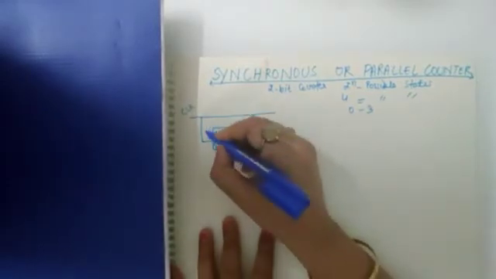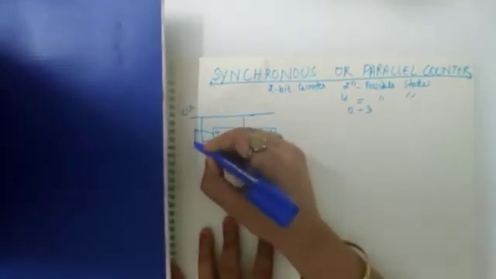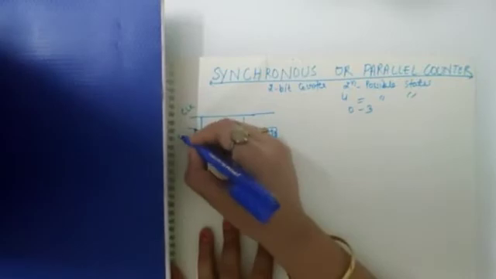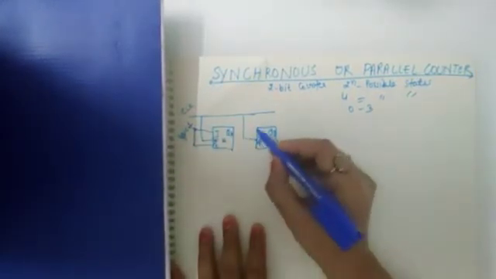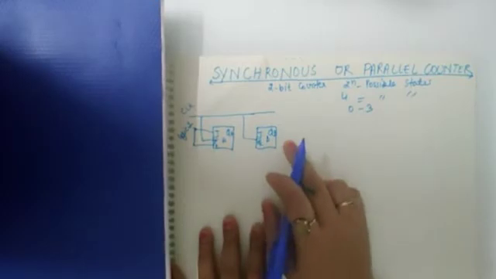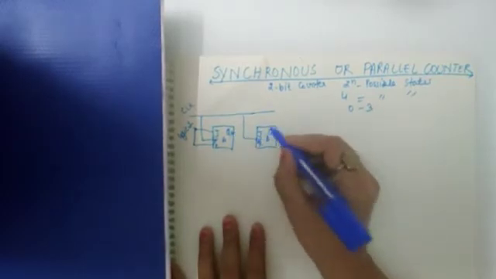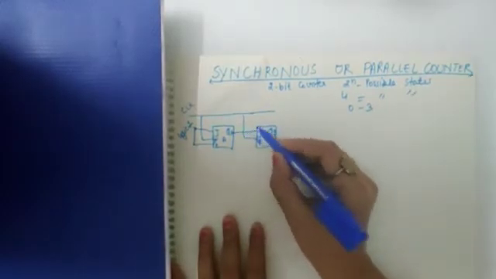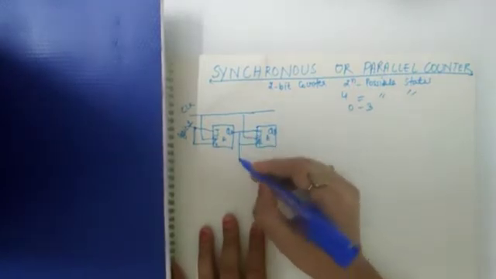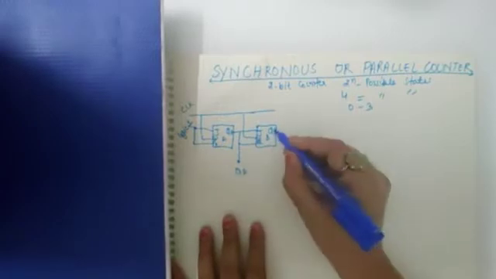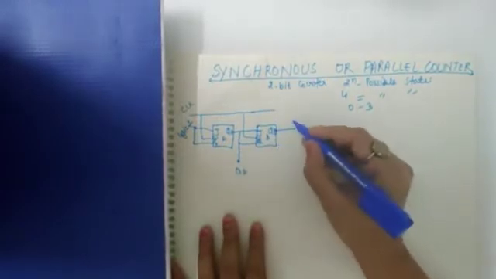The J input and K input of the first flip-flop are connected to logic 1, so every time it will toggle. And the next flip-flop will get its inputs from the previous output, that is QA. So this is the QA output and this is the QB output.